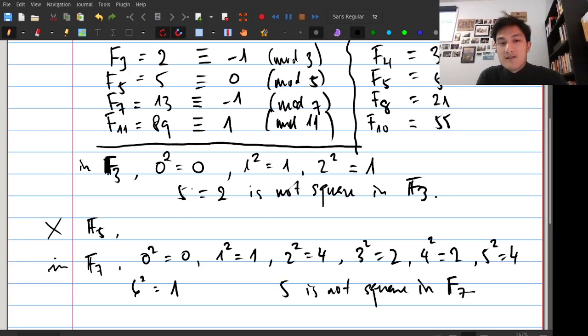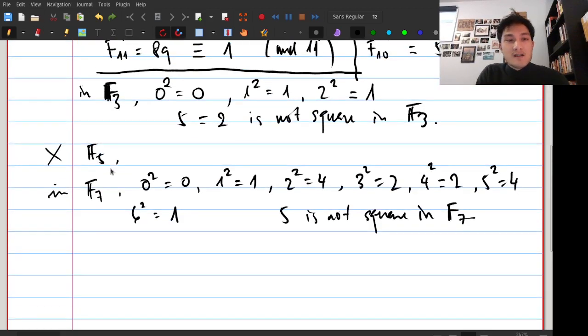So we saw 5 is not a square in F3, and 5 is not a square in F7, and we got minus 1 for 3 and 7. So if there's a relation here, then we should be getting 5, the opposite sign, so 5 should be a square in F11. And that's easy to see, because in F11, let's just go from the beginning and see when we hit 5.